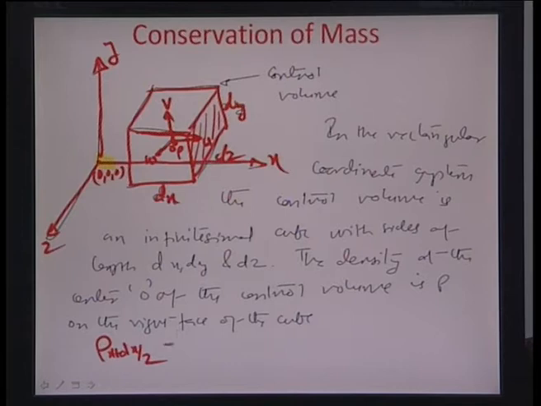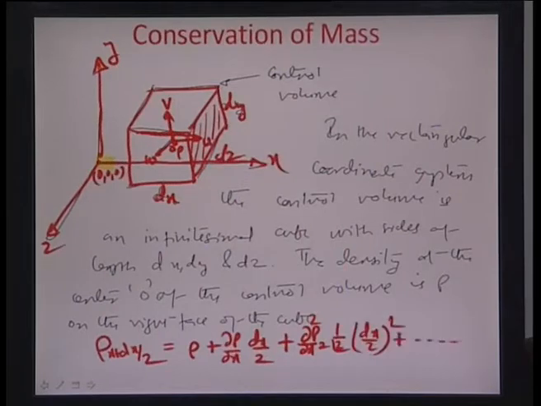Okay. So, this can be expressed again as a Taylor approximation as rho plus d rho by dx times dx by 2 plus d2 rho by dx2 times 1 by 2 factorial times dx by 2 squared, and so on and so forth. Okay.